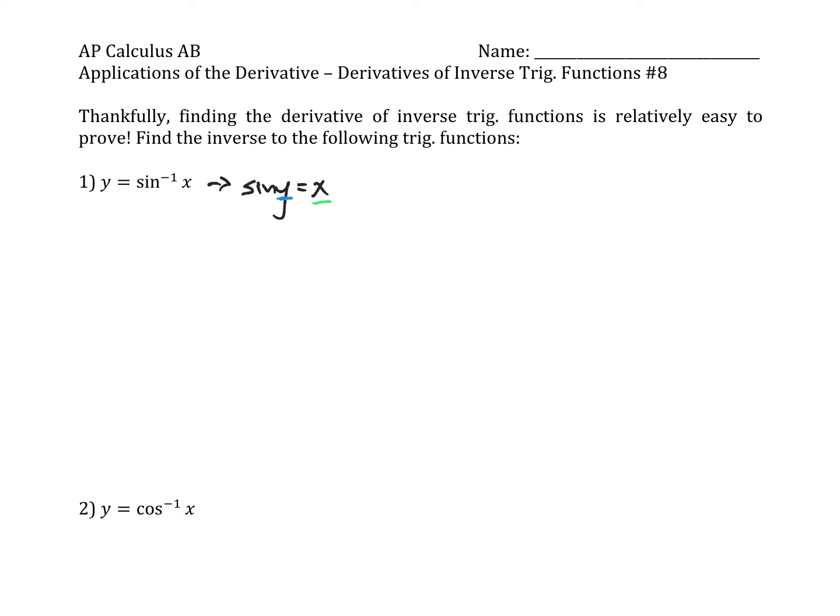So if we think about trigonometry, that means if I were to draw a right triangle, and I think of that angle down here as y, I know that sine of y, or opposite over hypotenuse, has to equal x, which means that if I think of the opposite side as x and my hypotenuse is 1, sine of y in this right triangle would return a ratio of x over 1, or just x.